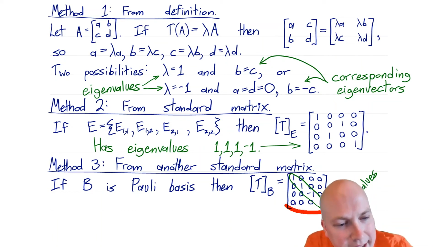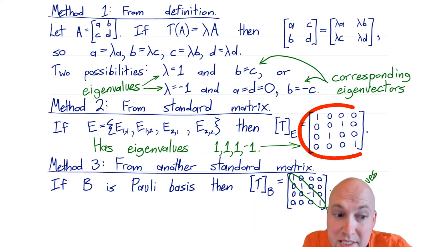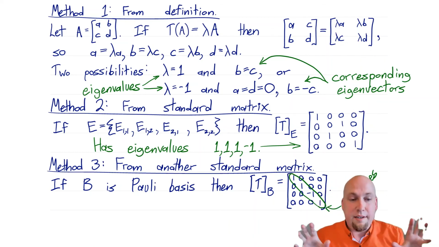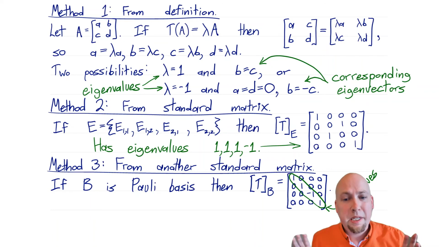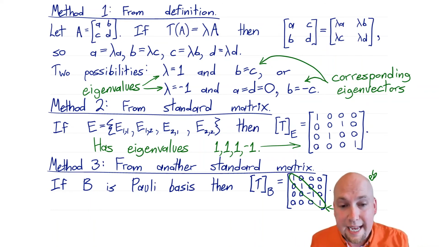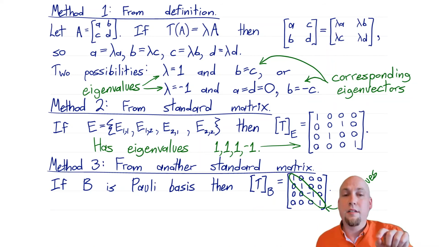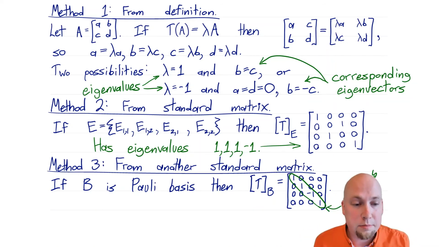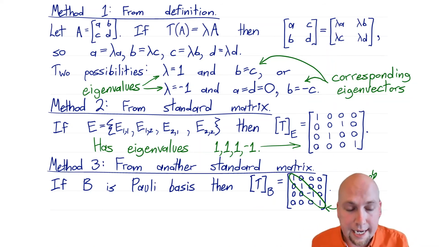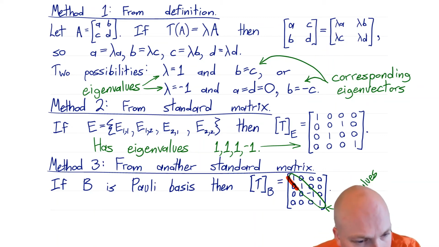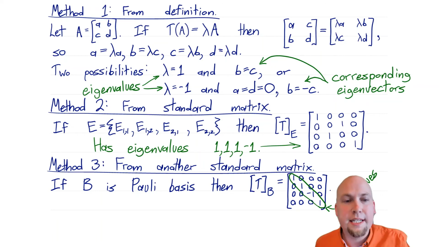And notice that this matrix is not the same as this one, so we might be a little concerned, oh, it's a different matrix. But the eigenvalues are still going to be the exact same. In particular, this standard matrix is diagonal, and we have a theorem from introductory linear algebra that says the eigenvalues of any diagonal matrix are just those diagonal entries. And what are the diagonal entries? 1, 1, 1, and -1.